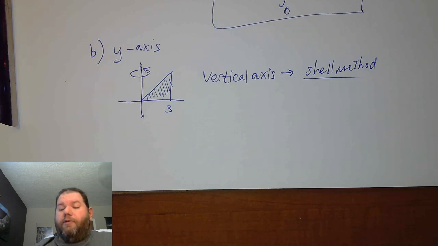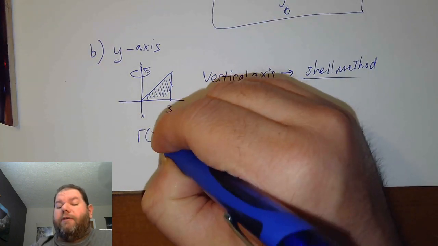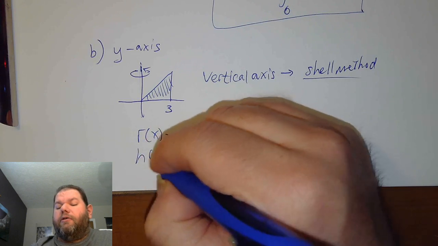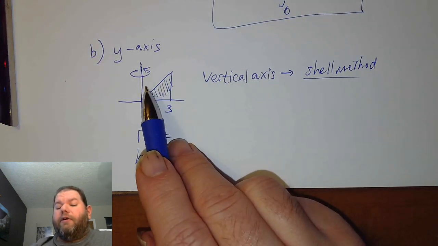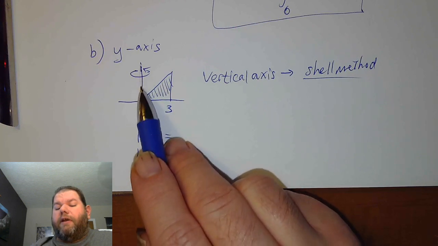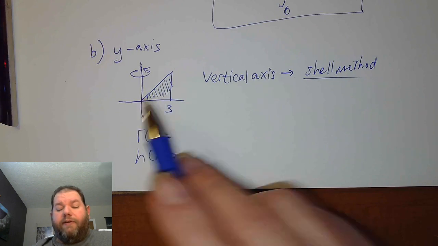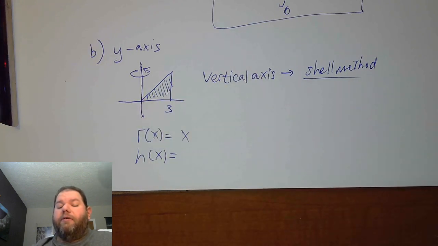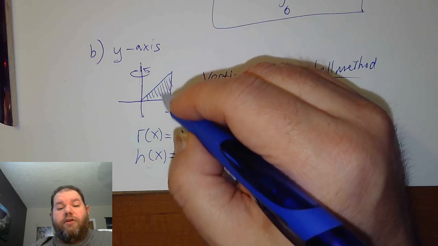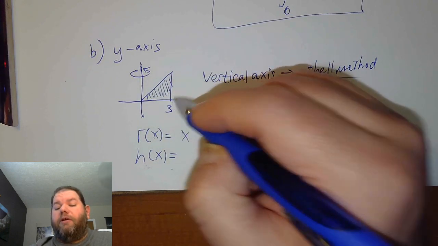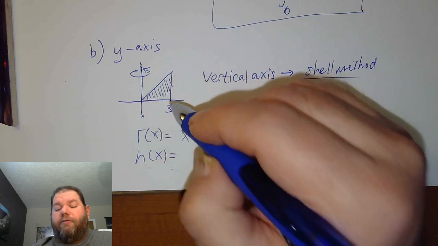Now again, with the shell method, we need r of x and h of x. R of x is the distance from the axis of revolution to each x value, which is just the horizontal distance, or x. H of x is our vertical component of the shaded region, so top minus bottom, which in this case is just x minus 0.